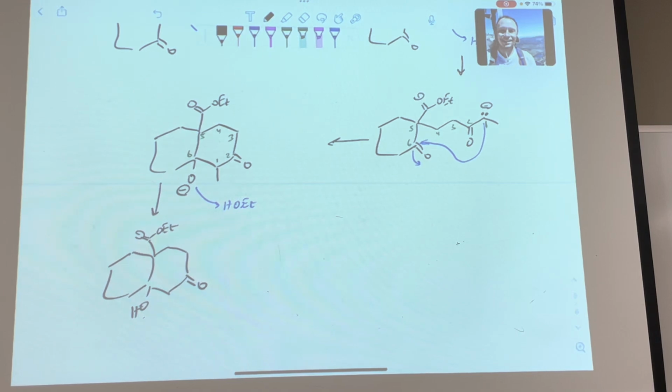So we get something like that. Remember your methyl. Oh, methyl group, there we go.